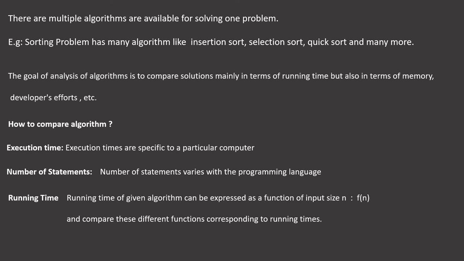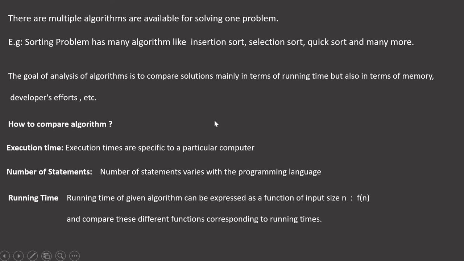For example, if you have a sorting algorithm and you are given 10 inputs, meaning there are 10 numbers, and you execute your code according to that algorithm, it will take some f(n) and there is some value.